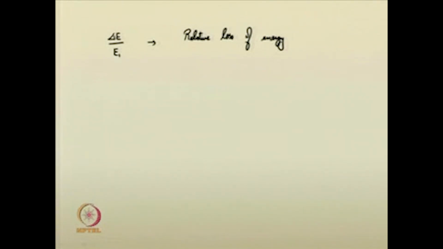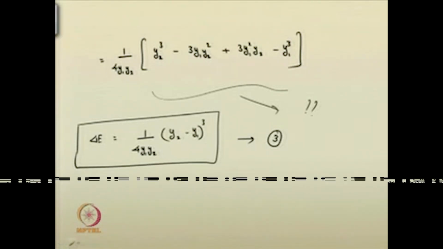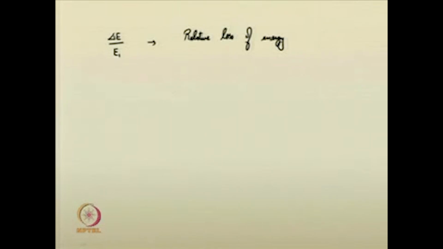If you want to find it in terms of Froude number, that is also quite possible. You know that del E is now in terms of y1 and y2. Similarly, E1 is in terms of y1.